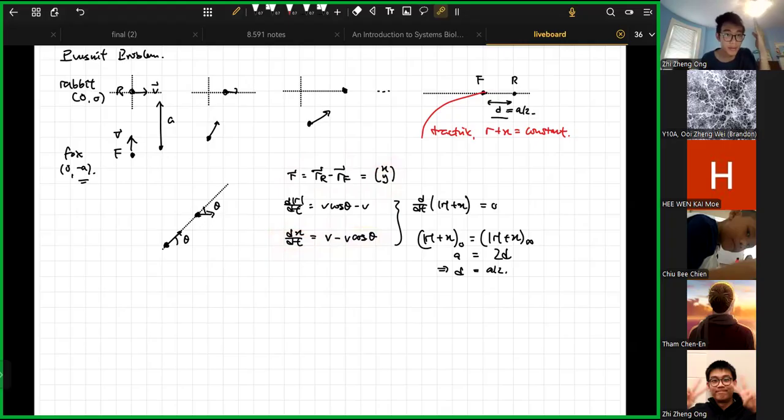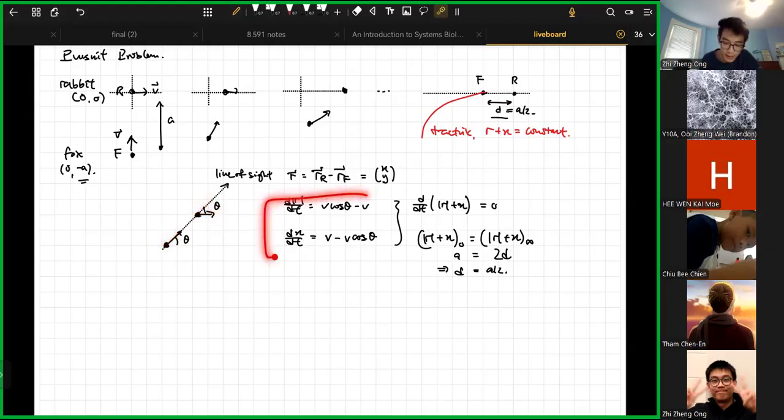But in the reference frame of the fox, when it's chasing the rabbit, there's a line of sight. The relative velocity of the rabbit and the fox is just v cosine theta minus v, right? It's this component of the rabbit's velocity minus v.